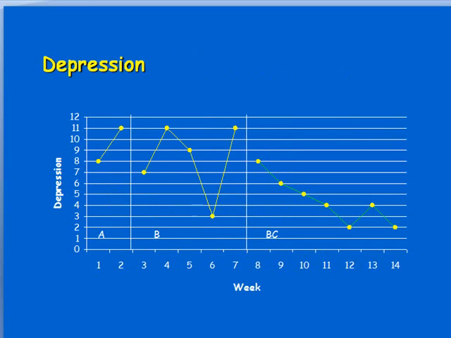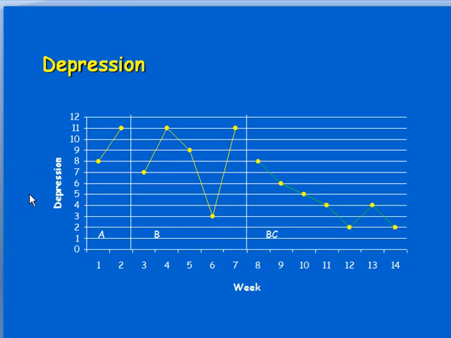Here's a slightly more complex single system design. You have a client who has depression problems. Again, you see depression represented on the vertical axis as a dependent variable.